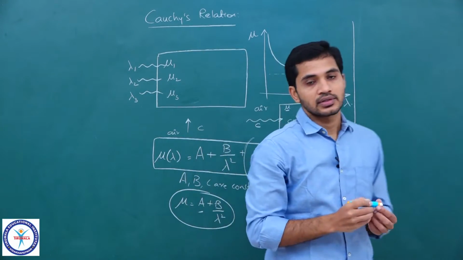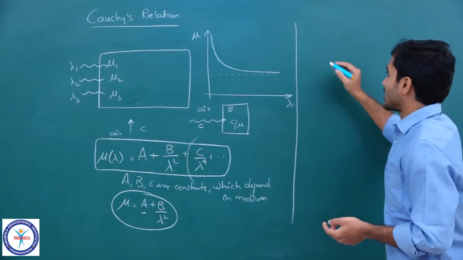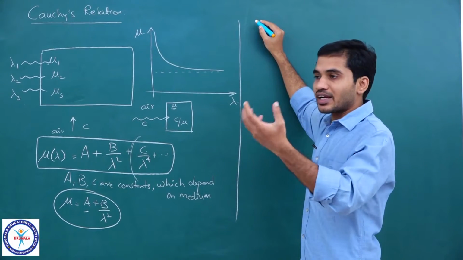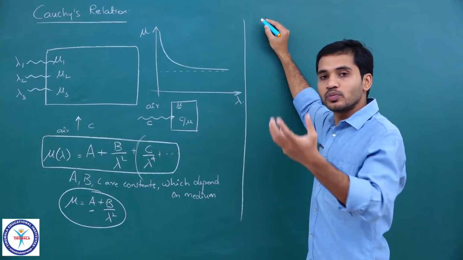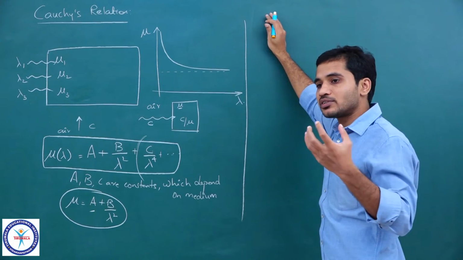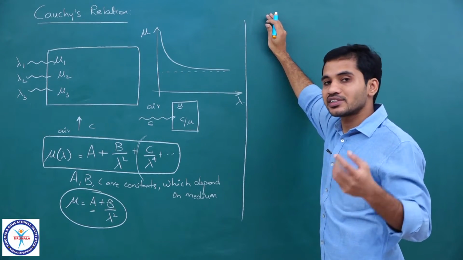Based on that, whenever we consider light, whatever light we use, let us say the light coming from any tube light or even the light coming from the sun, you know that that is not just one single wavelength, it is a spectrum.